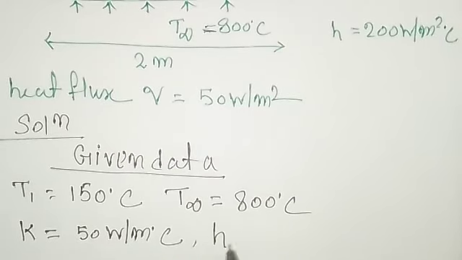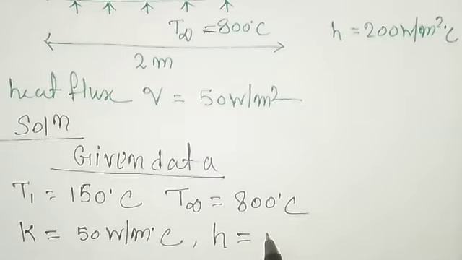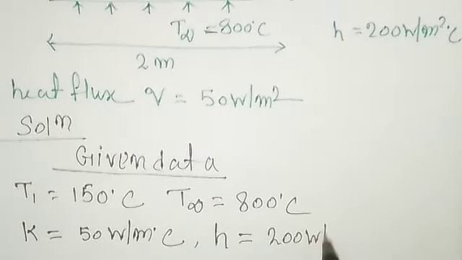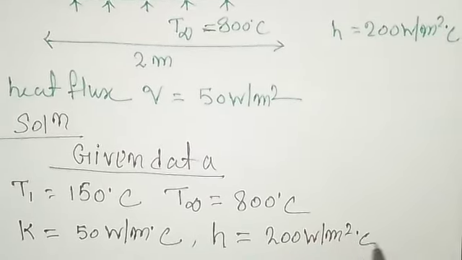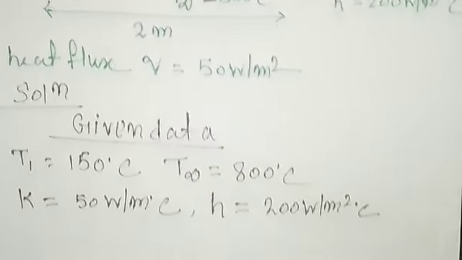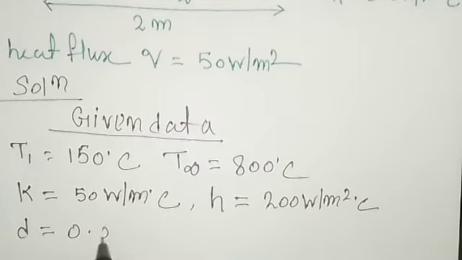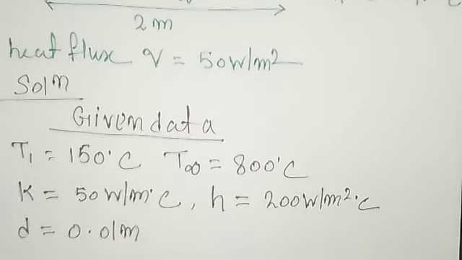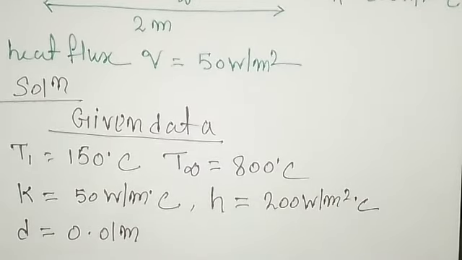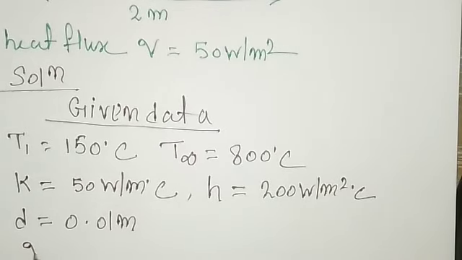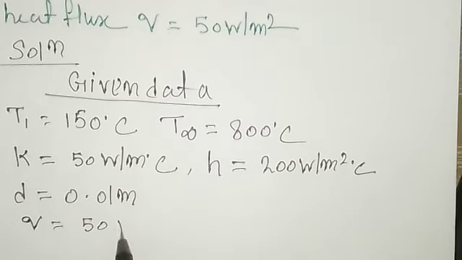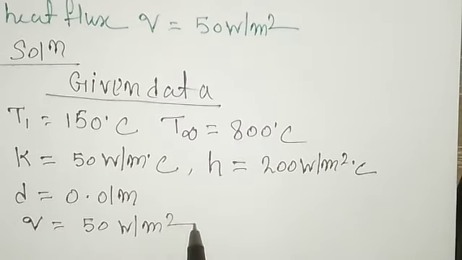The heat transfer coefficient h is given as 200 watt per meter square degree centigrade, right? As well as the diameter of that element, which is 0.01 meter, right? The total length is given, L equal to 2 meter, and heat flux Q equal to 50 watt per meter square is given, right?